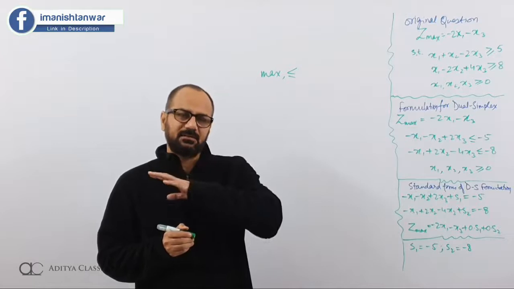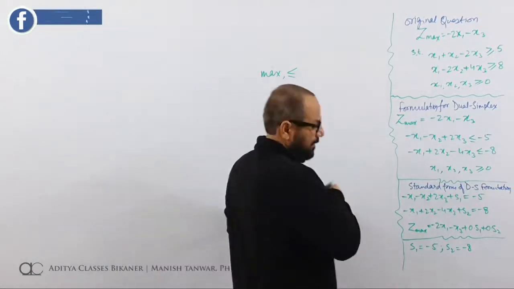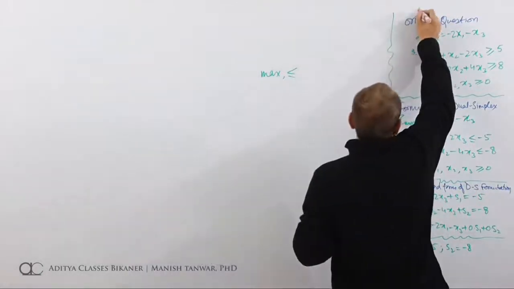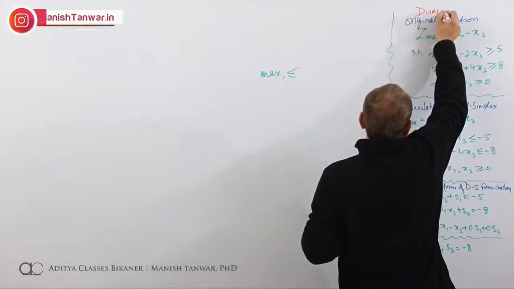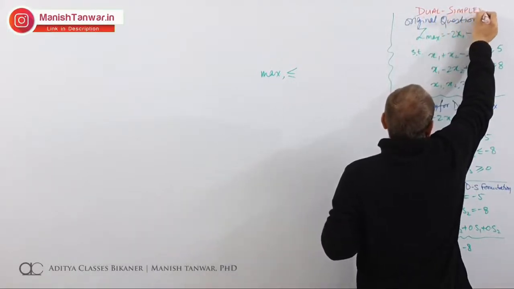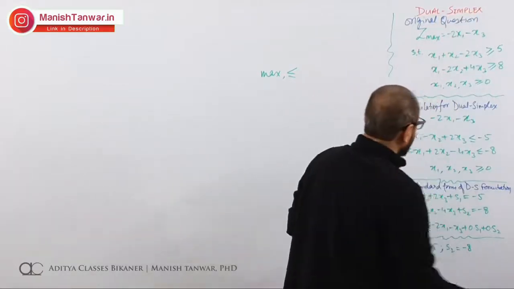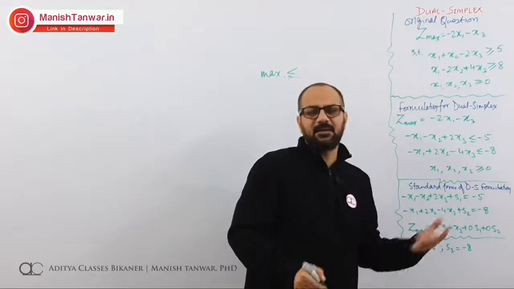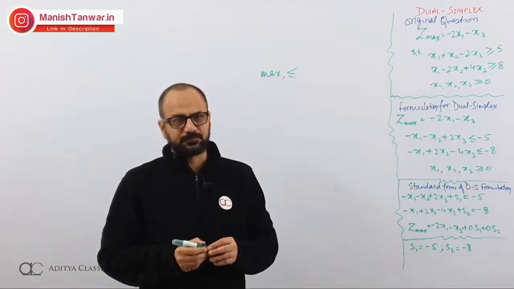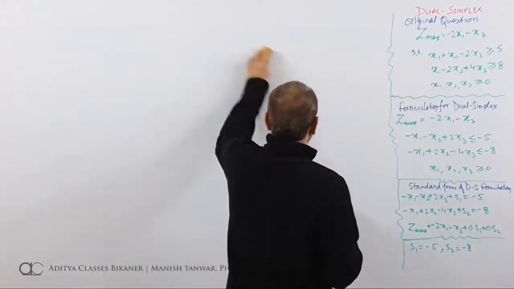But here, because we are studying dual simplex, you can have an IBFS, a starting point, with negative values also. So what will be the difference when we go ahead and solve it?